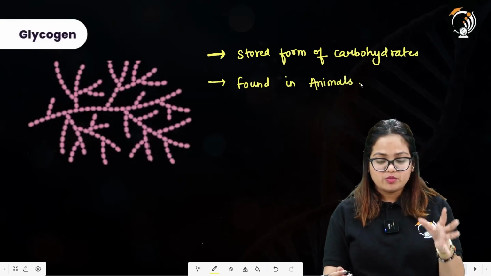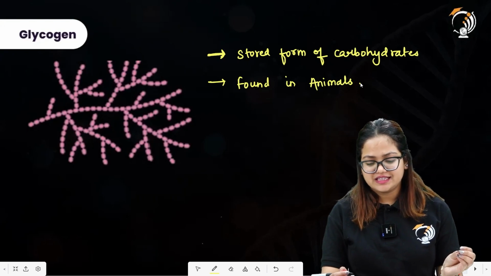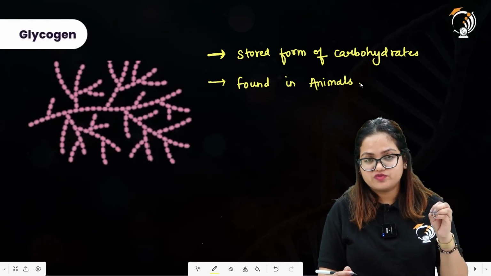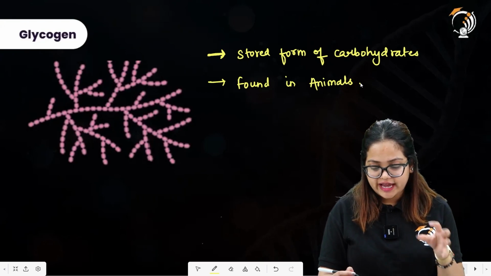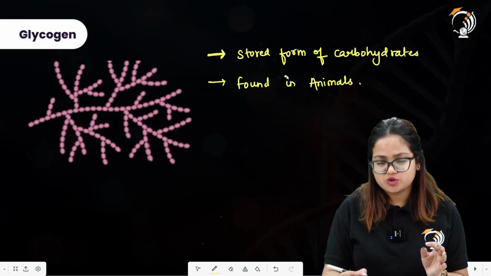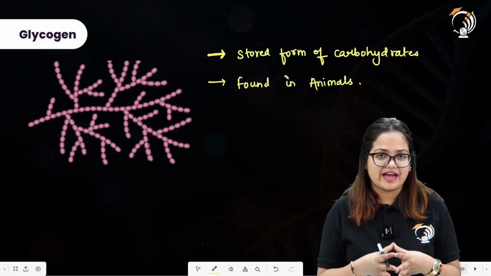These are the simple glucose molecules that are combining to form the glycogen molecule, and these molecules are found in animal cells. So, to be specific, they are found in the liver of animals.